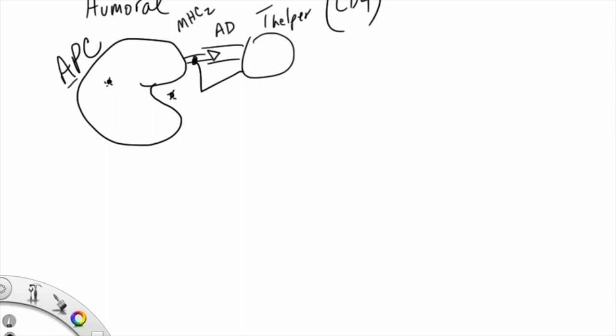Do helper Ts kill things? No. What do? They work to stimulate the rest of the immune response, specific immunity, by releasing chemicals called blank. Very good. Cytokines. Here they are. Many different cytokines. We're not getting all into that. If you ever take immunology, you'll have a blast with it.